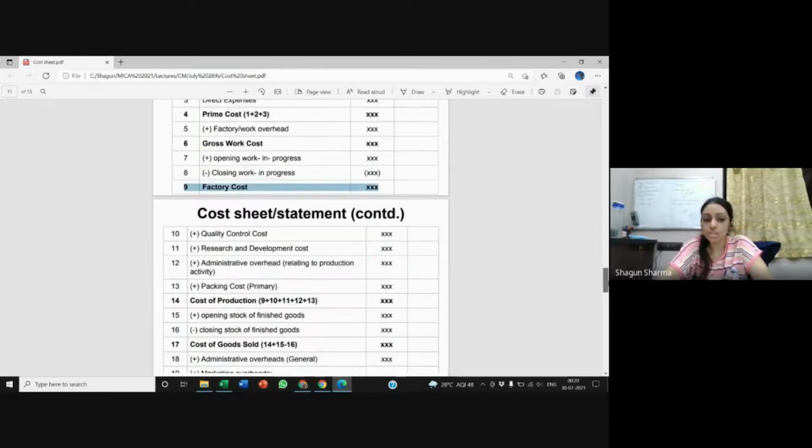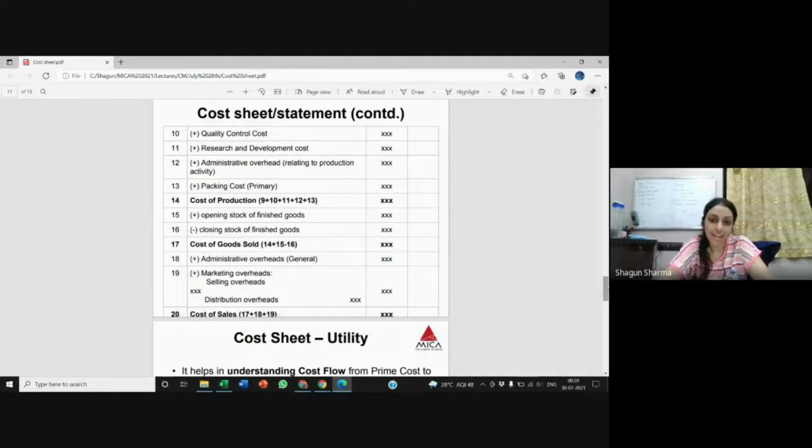Okay. To this, you will now add all your balance production costs. Okay, strictly costs related to production. So here we've added quality control, we've added R&D, we have added admin, but within admin, there is a disclaimer that this is only the admin costs which are related to your production activity. So these could be the salaries of employees which are solely engaged in production activities. Okay.